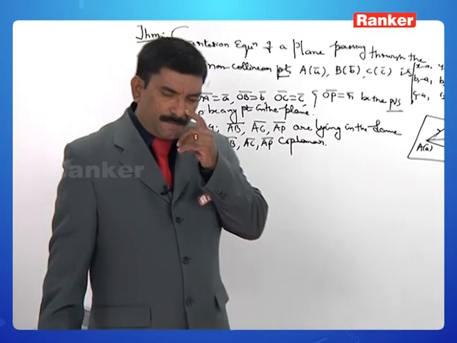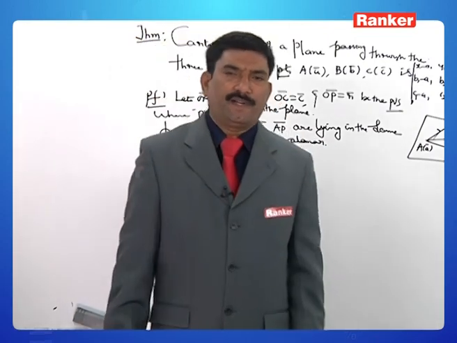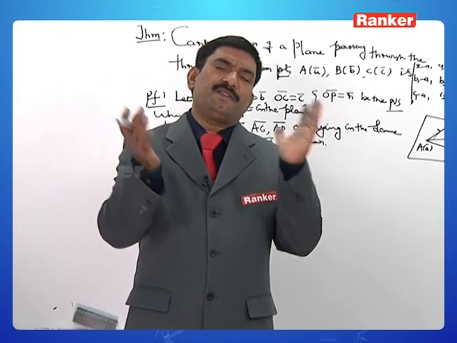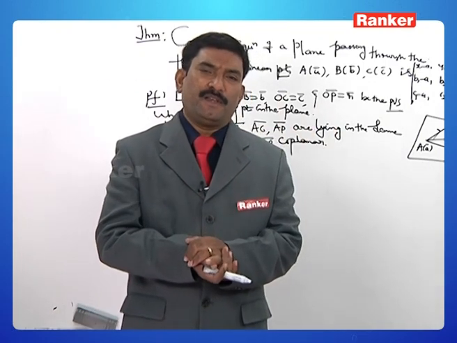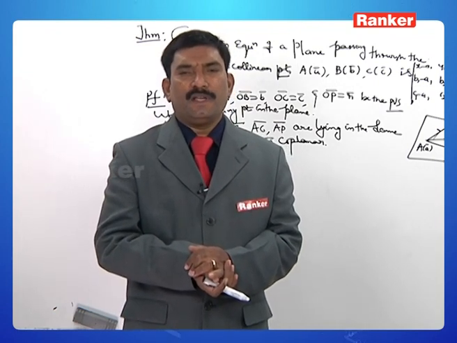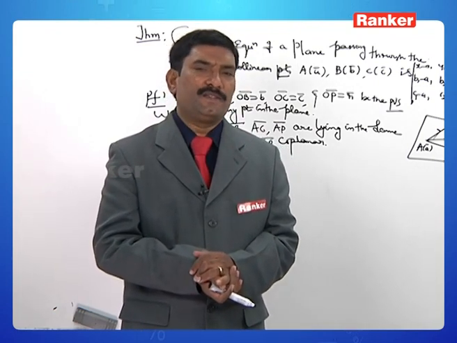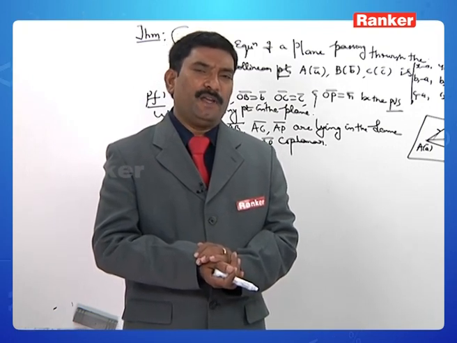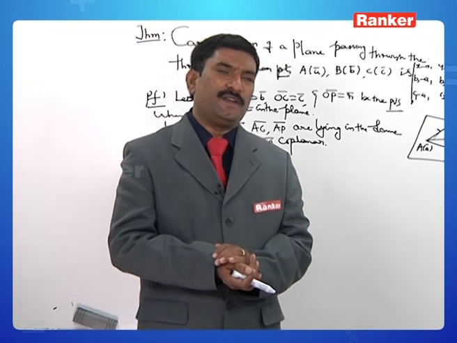There is a theorem in the multiple product of vectors you will come across next. When any three vectors are coplanar, I am telling repeatedly, the necessary and sufficient condition for any three vectors to be coplanar is box of AP bar, AB bar, AC bar is equal to 0.